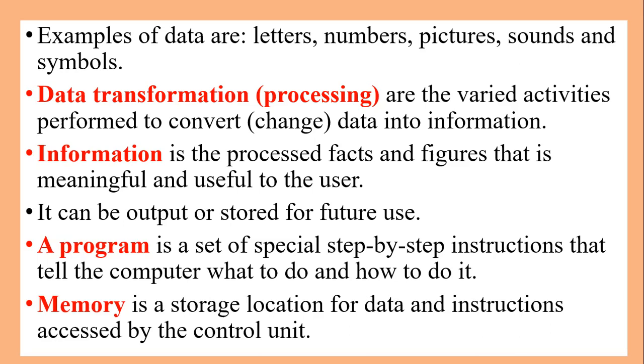Data transformation, also called processing, is the varied activities performed in order to convert or change data to become information. And therefore, information is the processed facts and figures that is meaningful and useful to the user. This information can either be output or stored in a storage medium for future use.